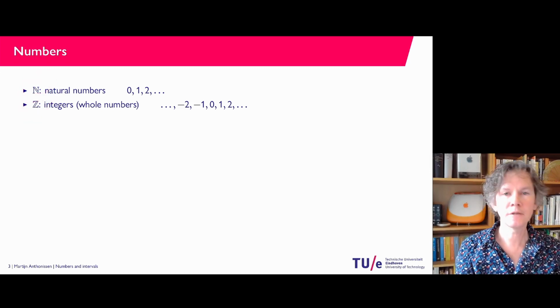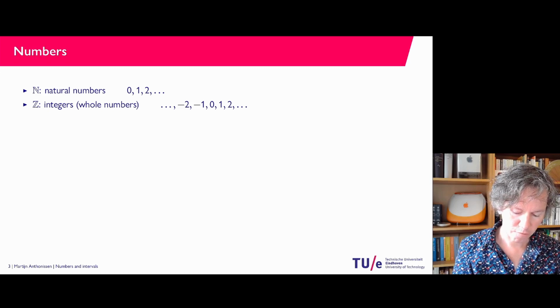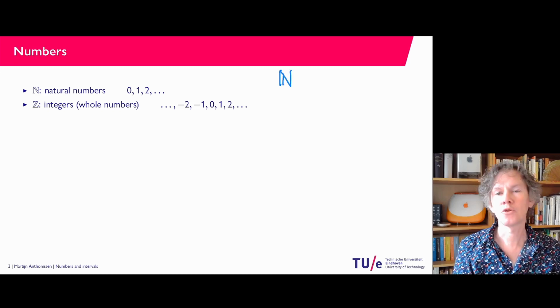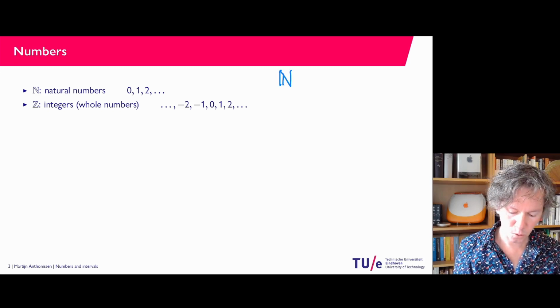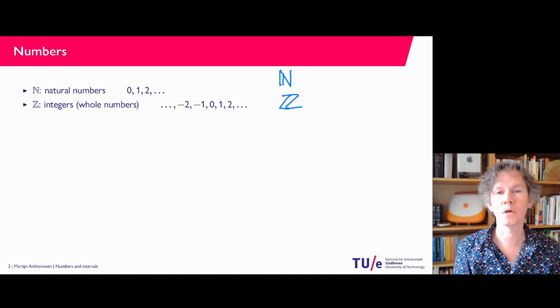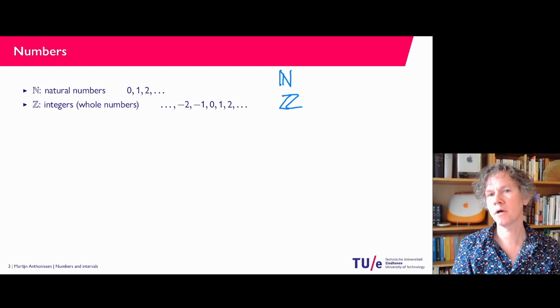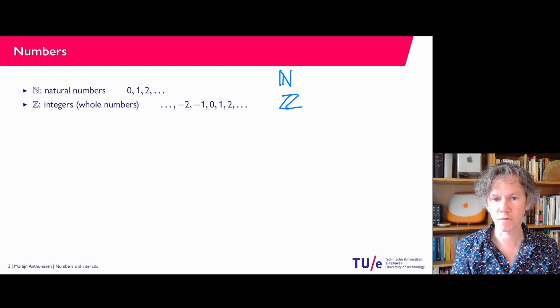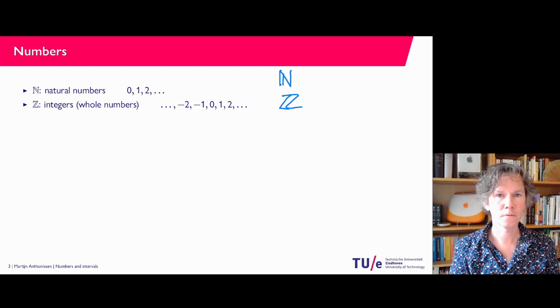If you would write these collections, then for the natural numbers, we do a capital N with a double bar on the left. And for the integers, we do a Z symbol, and also we make this one double. So that is if you handwrite these collections, if you should ever want to do that, you do it like this.